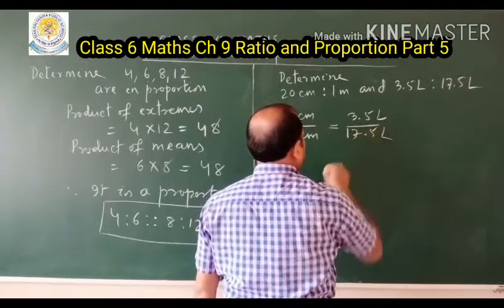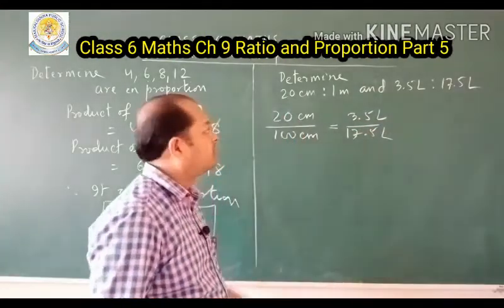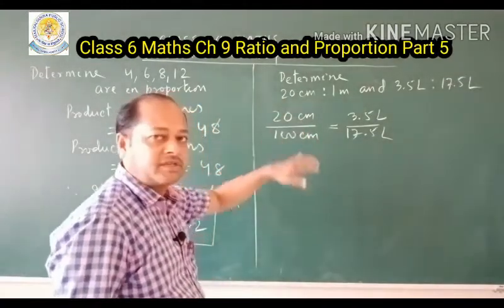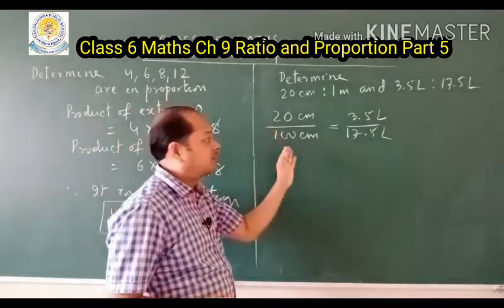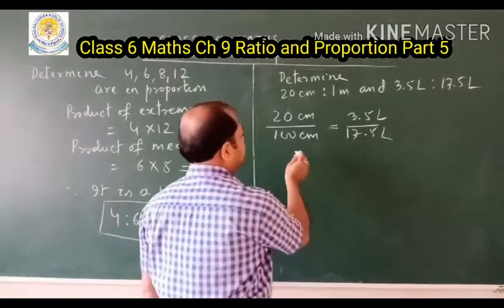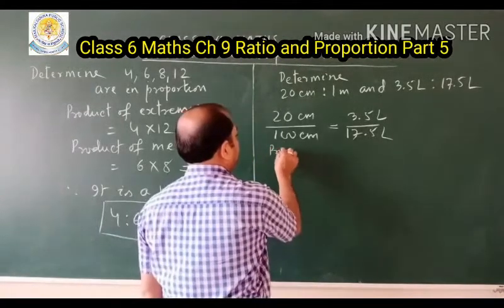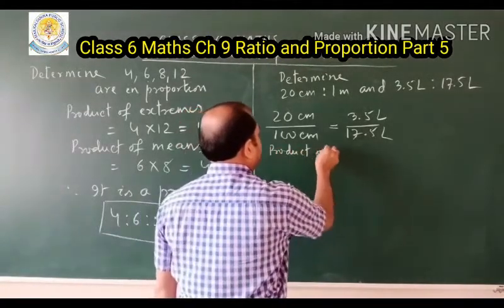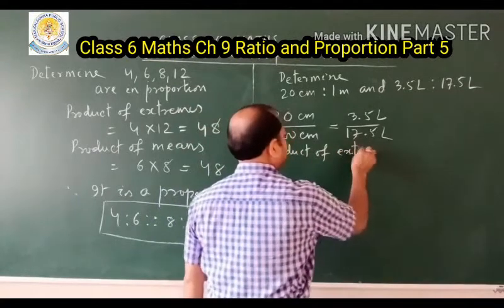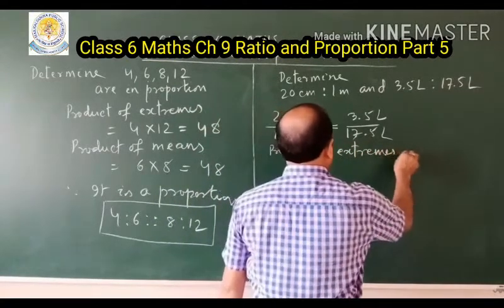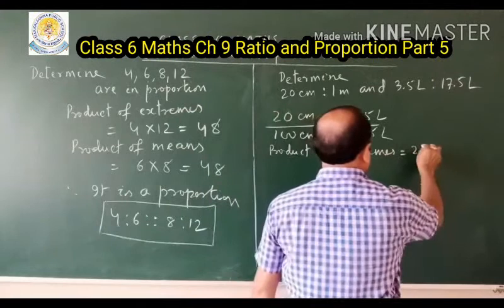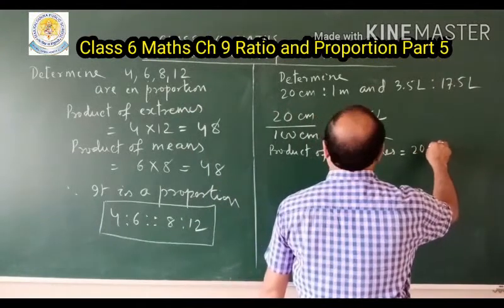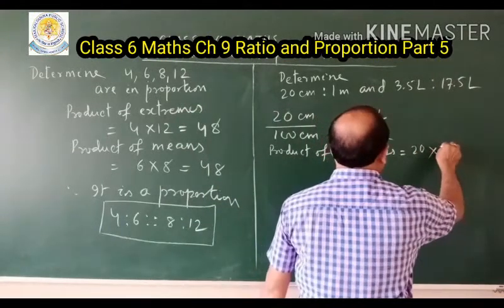So what is the formula to determine whether it is a proportion or not? Let's multiply the product of extremes and means. So product of extremes equal to 20 into 17.5.